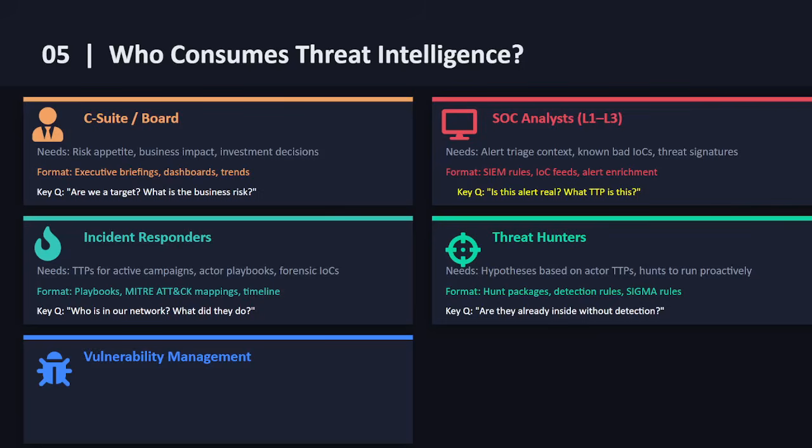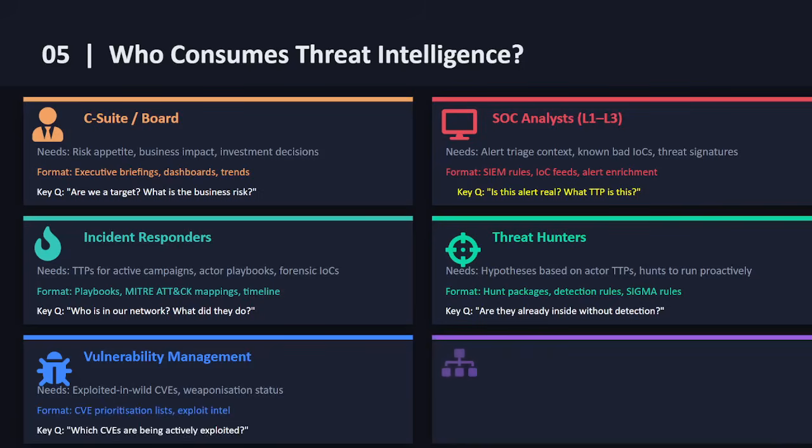So they will be checking, are they already inside without detection? Did our detection fail? If it fails, then we need to reconstruct everything. Then there will be vulnerability management here. What is the CVE here?